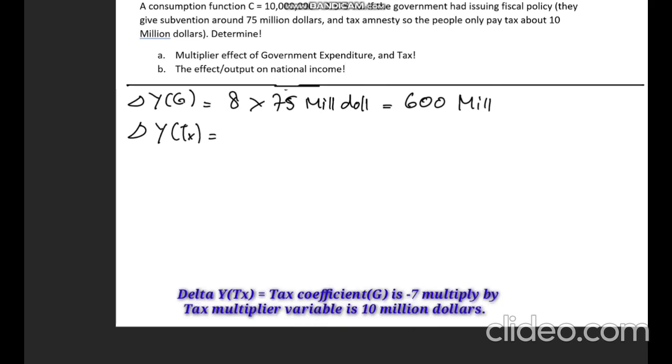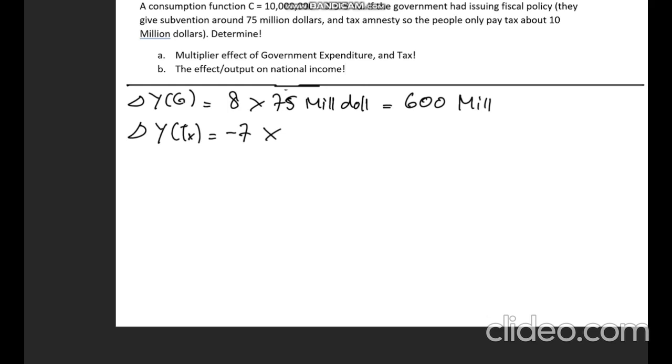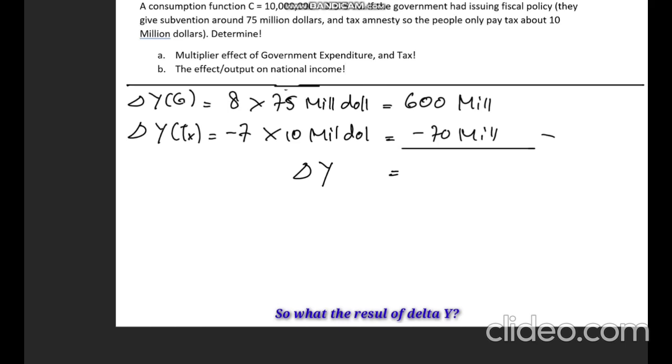Delta Y of Tx equals the tax coefficient of Tx, which is minus 7, multiplied by the tax variable, which is $10 million. So the result is minus $70 million. So what is the result of delta Y? Yes, it is $530 million.